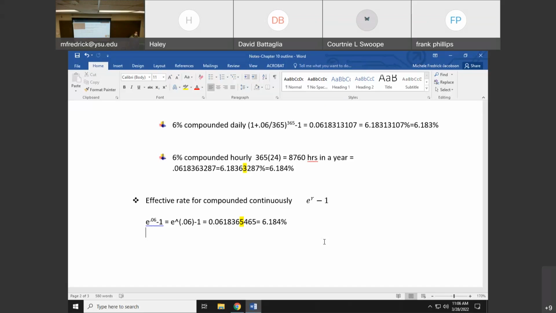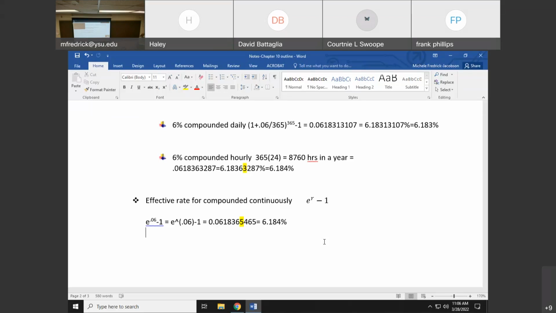Understand what continuous basis? Pretty much, it finds the 6% of what's there and adds it on, and then finds it again, and then again, and then again. It just continuously does it, but it's pretty close to hourly. I don't know of any accounts right now that are compounded continuously.